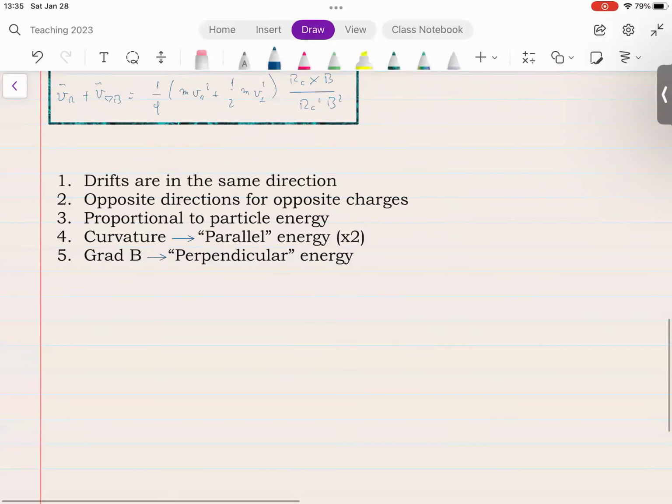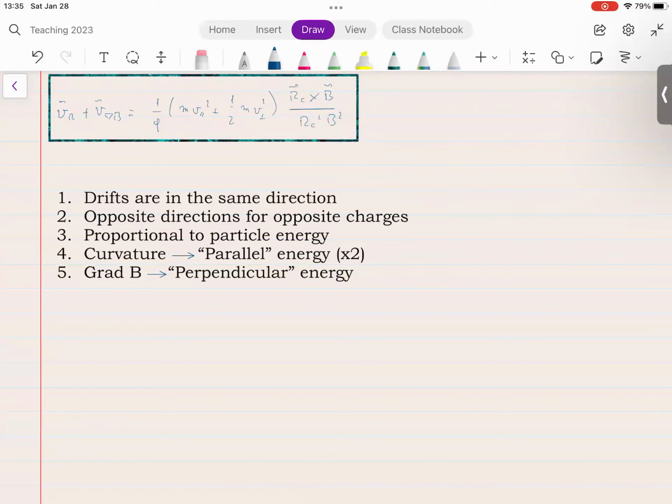Is there anything else? Well, yes. Here it is. Let me take the average of the kinetic energy calculated using the parallel velocity.